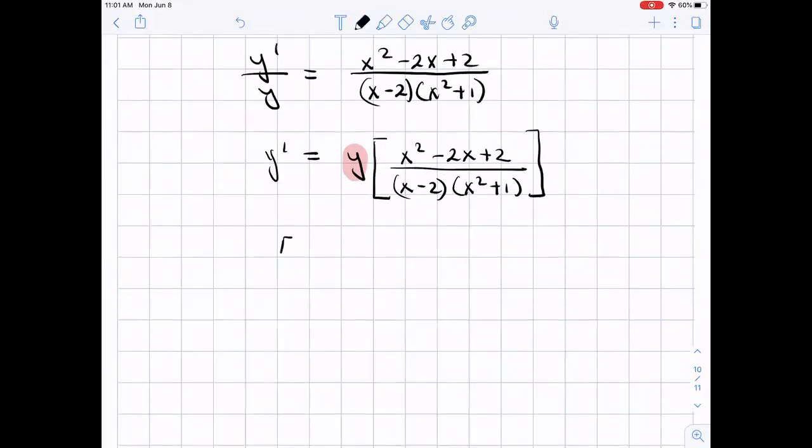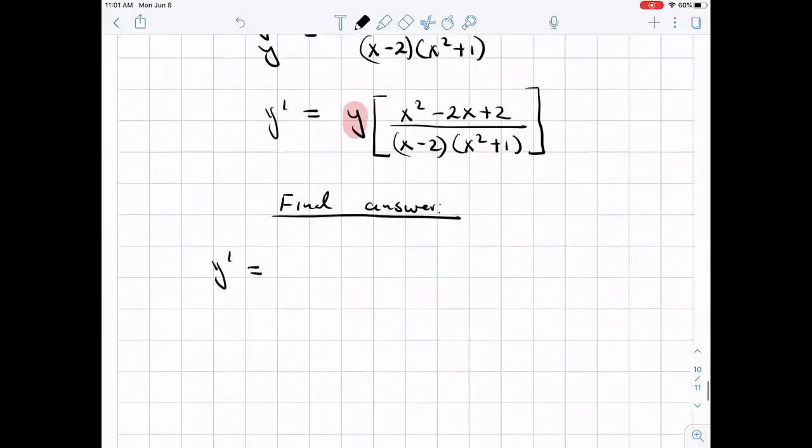So finally, final answer is y prime is equal to y, which was the value of y, x minus 2 quantity squared over the square root of x squared plus 1.